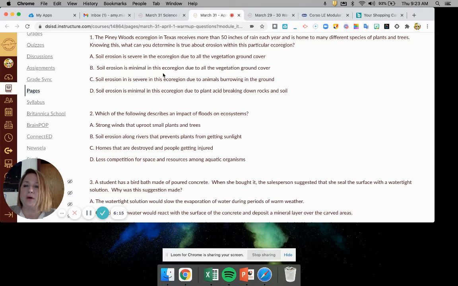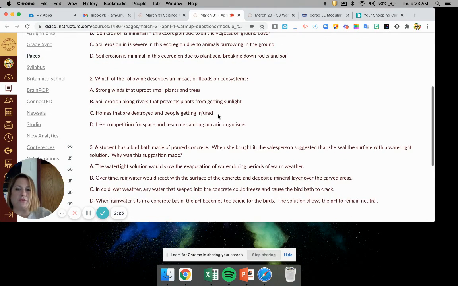Number 2, which of the following describes an impact of floods in an ecosystem? So this one you had to kind of think through a little bit. First, you can eliminate A because strong winds don't necessarily have anything to do with floods. It's the water current that uproots the small plants and trees.